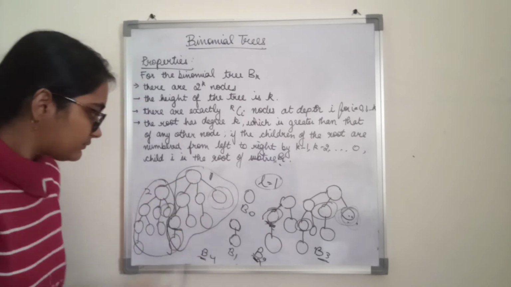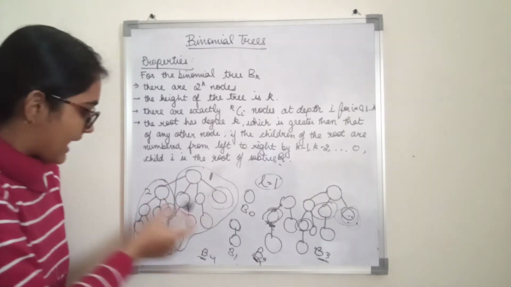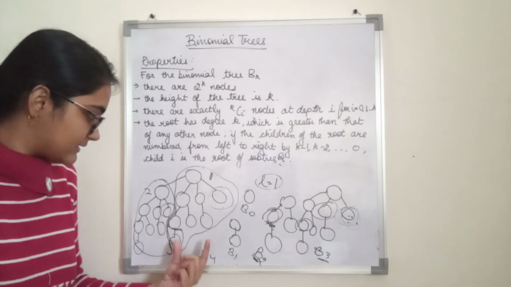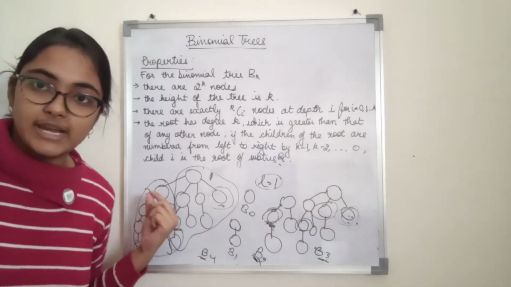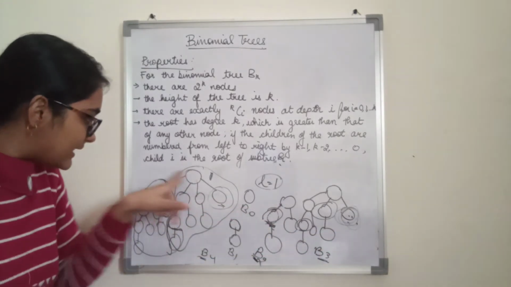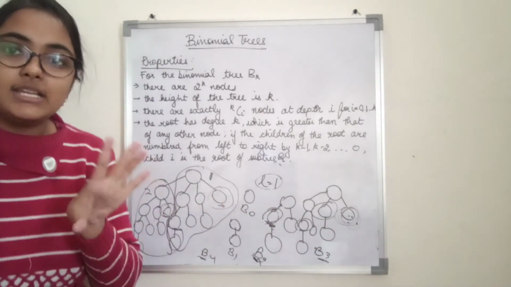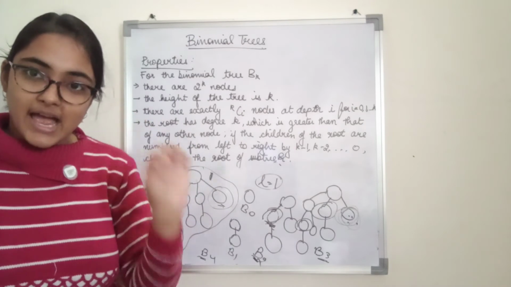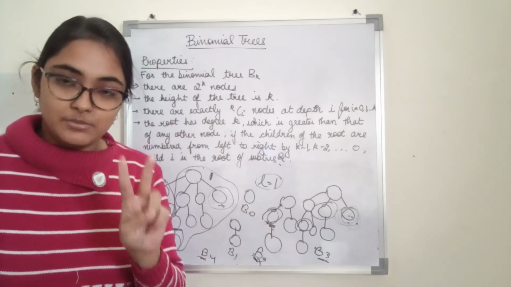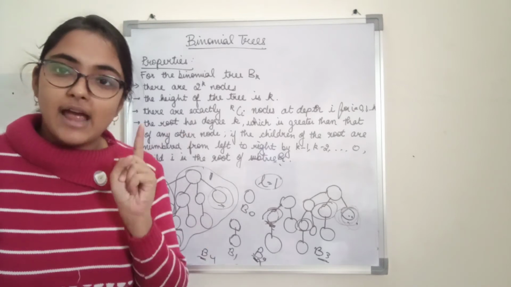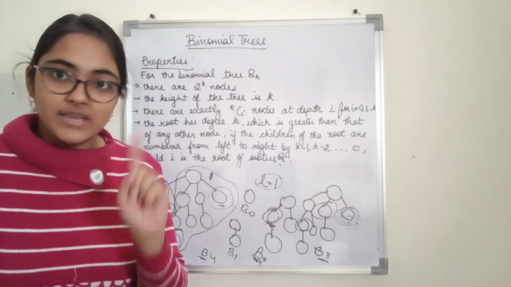Yeah, so this one is b3 and this one is b3. So there are two b3s, right? So this node is here and here, two terminal nodes, so it is appearing once at depth 2 and once at depth 1. So any node that appears at depth i in b(k-1) appears twice in b(k), once at depth i and once at depth i plus 1, right?